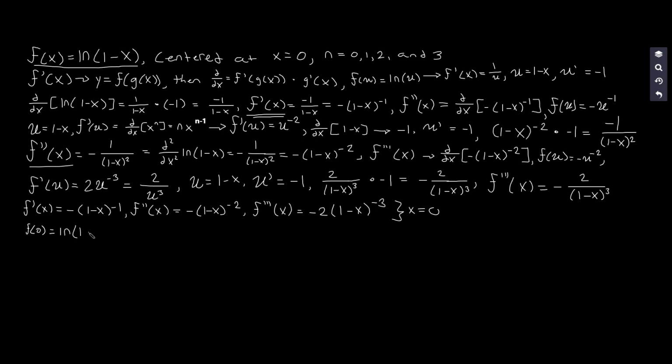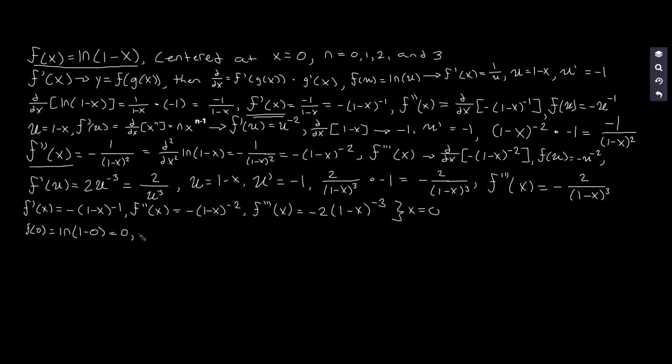No, I'm just kidding. That's undefined, just in case you didn't know. Anything equal to 0 or less than 0 is undefined for the natural log. I'm just making a dumb joke. Anyway, f of 0 equals the natural logarithm of 1 minus 0, which is the natural logarithm of 1. The natural logarithm of 1 is 0.